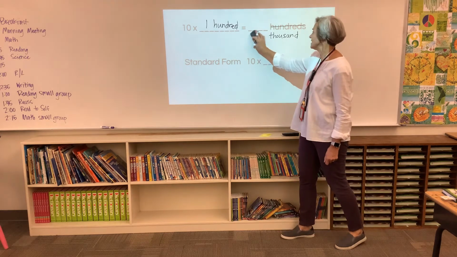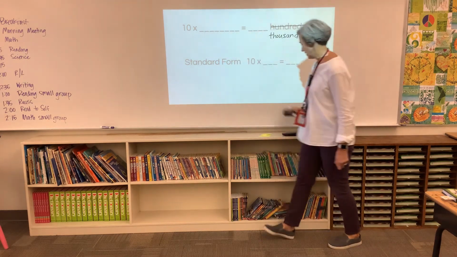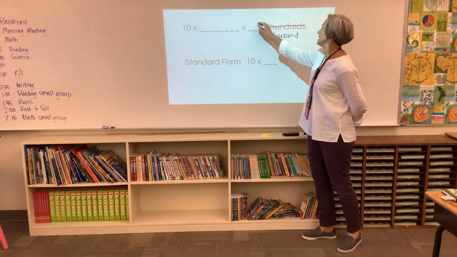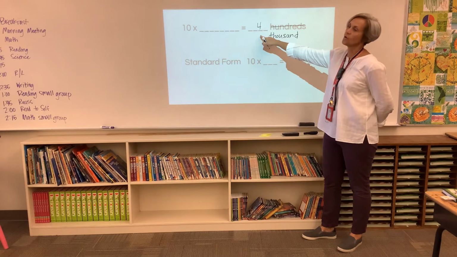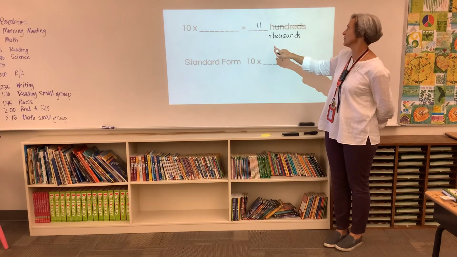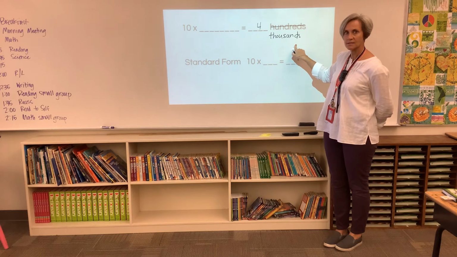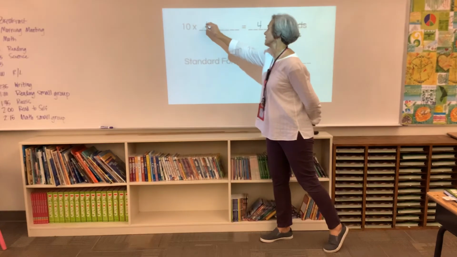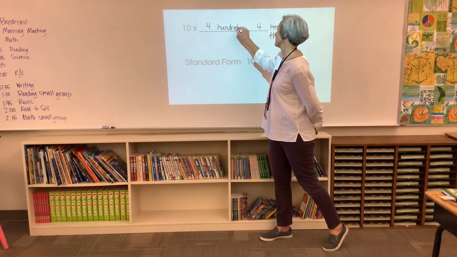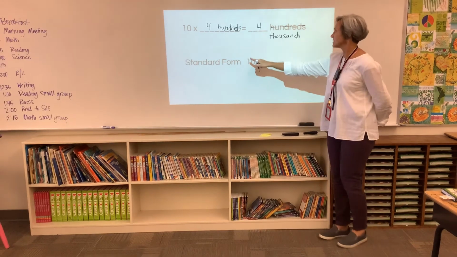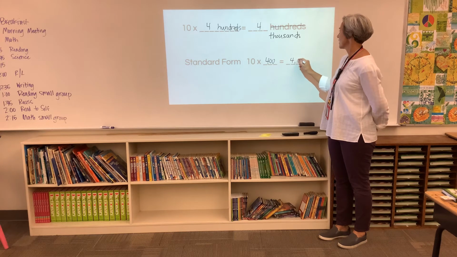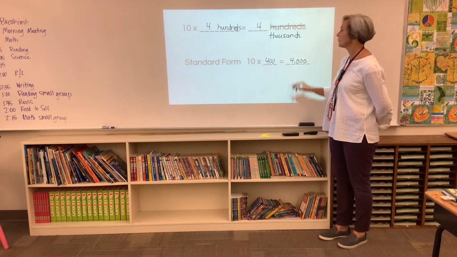So what if now, instead of hundreds, we say 10 times what equals 4 thousands? 10 times 4 hundreds equals 4 thousands, or 10 times 400 equals 4,000 in standard form.